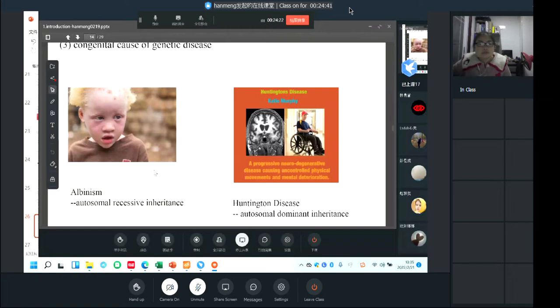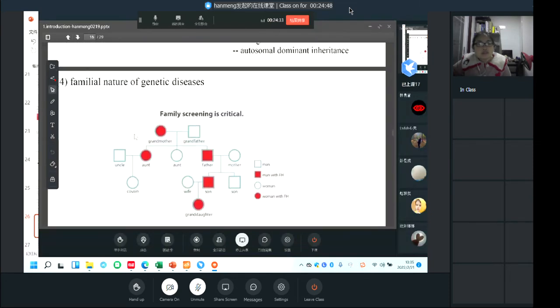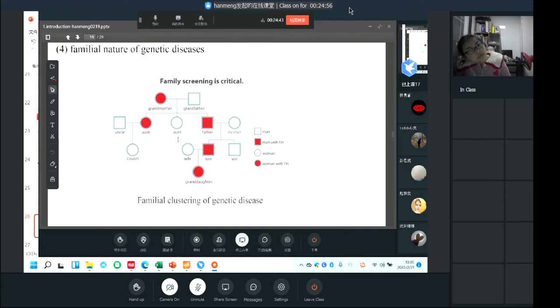All genetic diseases have a familial nature. So when you diagnose a patient as having a genetic disease, you can ask about his father or grandfather or more, or his children. Then you get a pedigree of the family.